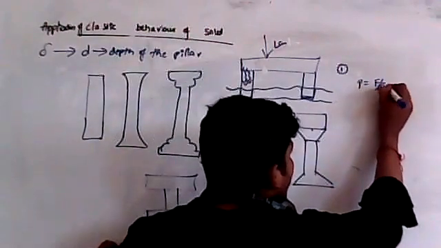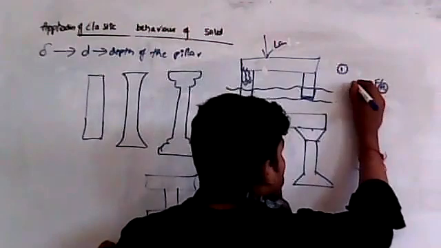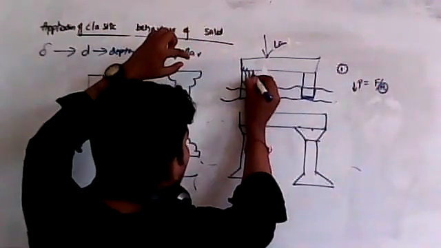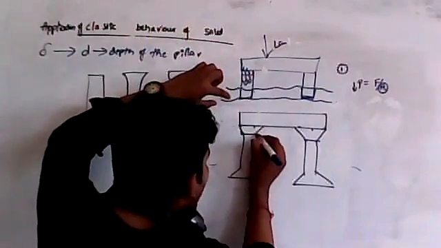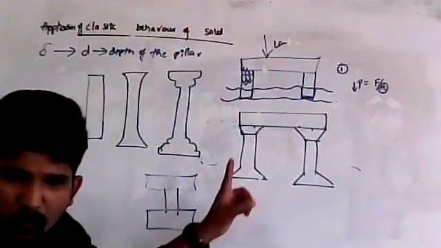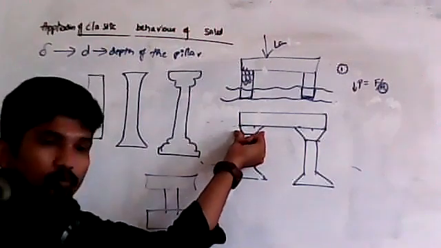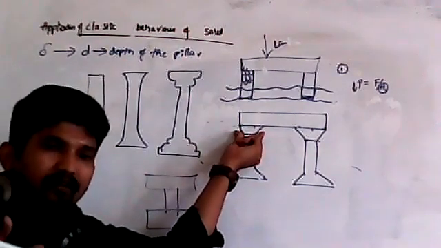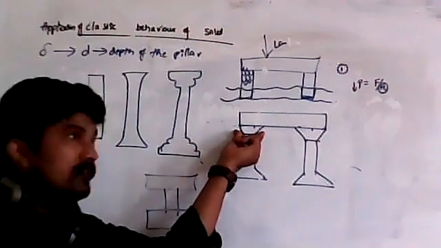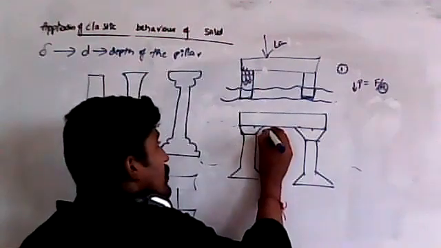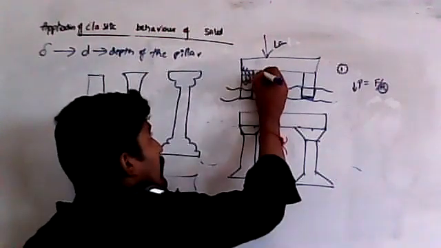It means when the area is more, the pressure will be less. See here, what is the area here? Which is more? Yes, good, Anirudh. This has more surface area and this has less surface area, so here the pressure will be less and here the pressure will be more.